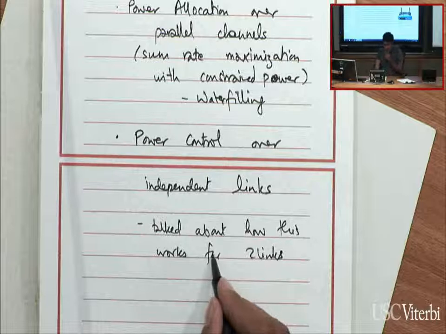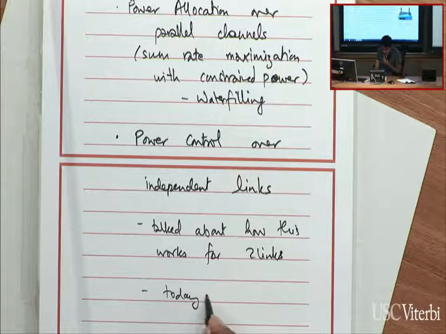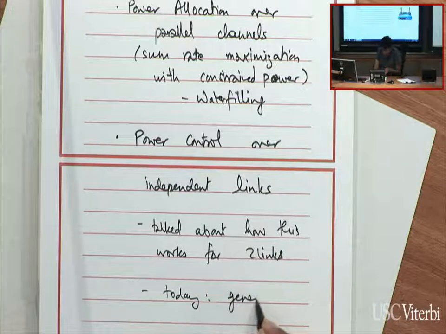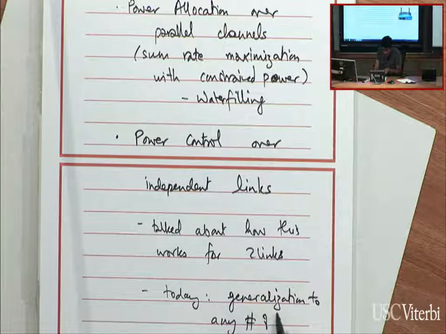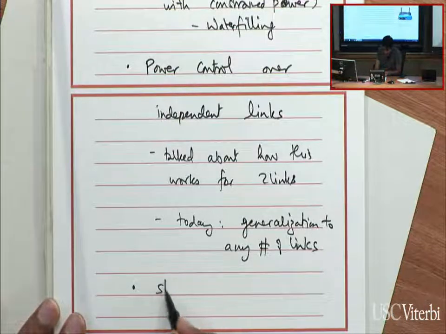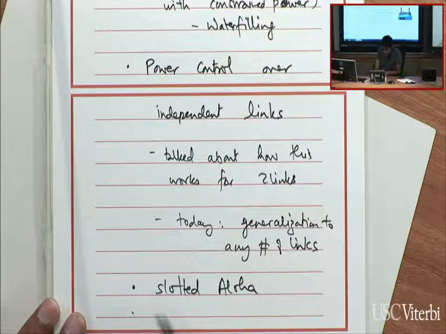So we talked earlier about how it works for two links. Today we'll discuss the generalization to any number of links. Okay, and then we'll go back to the other topics that we've been starting to talk about, which was slotted aloha and PCSMA.